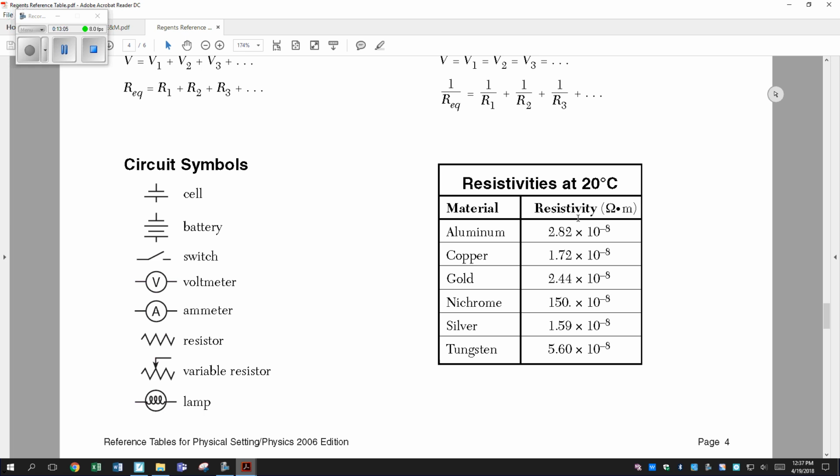We'll come back to that in a second. But here are some things that many wires are made of. Aluminum, not so much anymore. Copper, sure, lots of. Gold, good stuff, and so on. So here are resistivities. They're measured in ohm meters. We'll derive why that is. And okay, sure, so that's a reference.